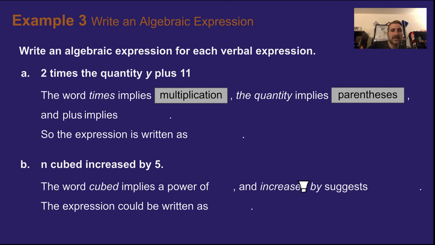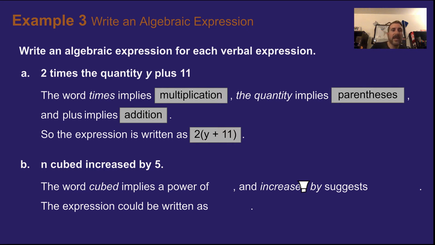And plus implies addition. So writing this out, we would say 2 and then parentheses y plus 11. So here's our first instance of seeing parentheses. When you see the quantity, then know the next part is probably inside parentheses.